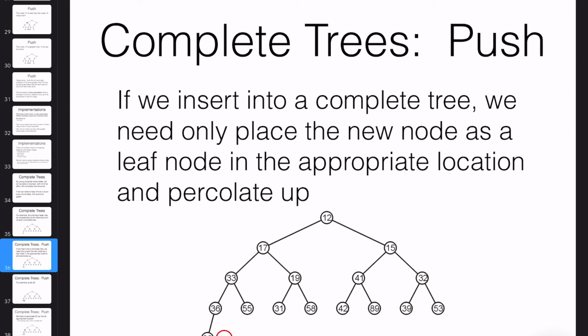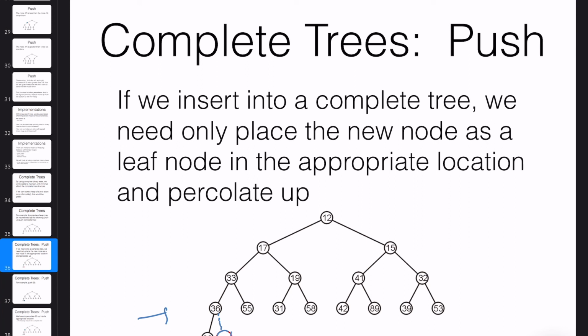The only position that you should put it is after we fill a complete binary tree level by level and from left to right, right? So if I have a tree like this, the only valid position that I can put a new item is going to be here. It's going to be the right child of 36. You cannot put it anywhere else. If you put the item here, the result is not going to be a complete binary tree, right?